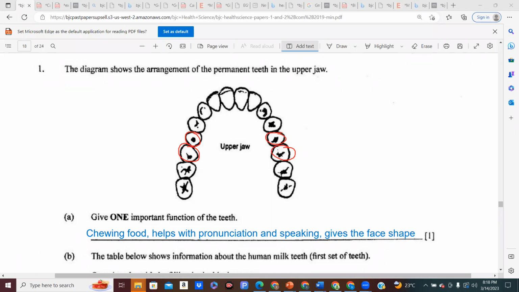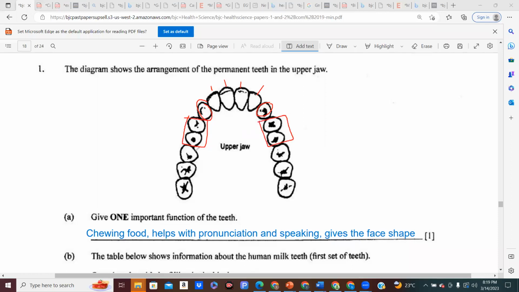No, sorry, let me clarify. For the baby teeth, we know we have the incisors, giving us 1, 2, 3, and 4. Then you have the canines. After the canines, you have the premolars, which are these. And that's it.